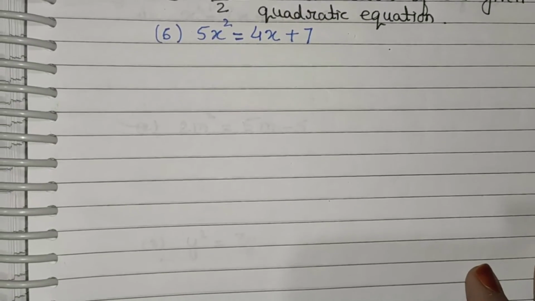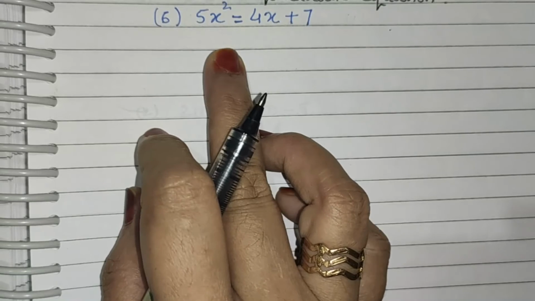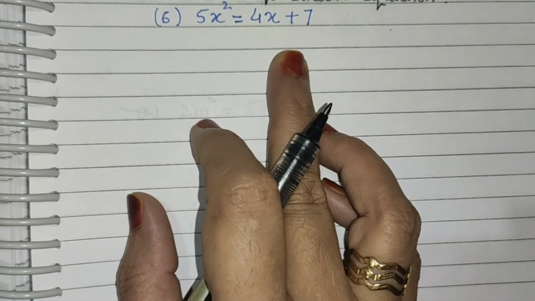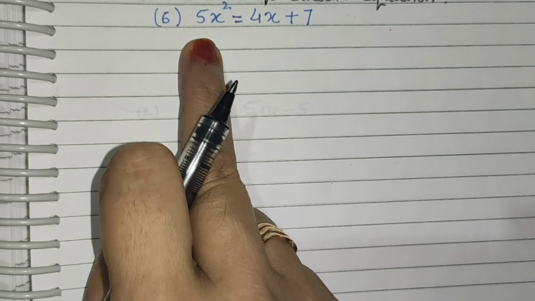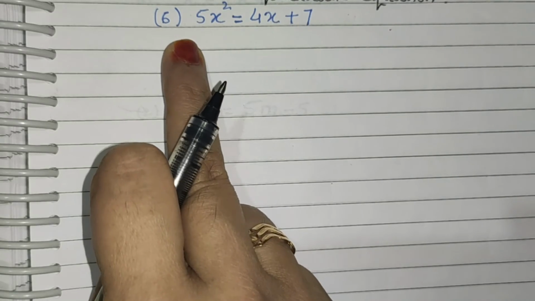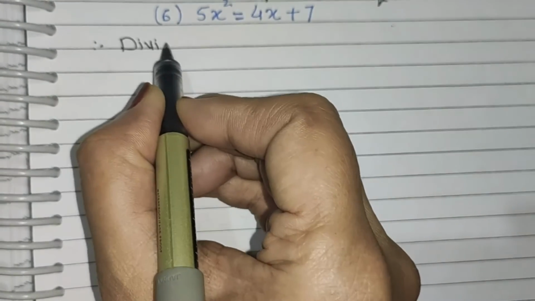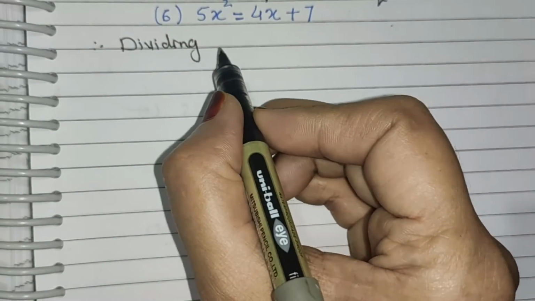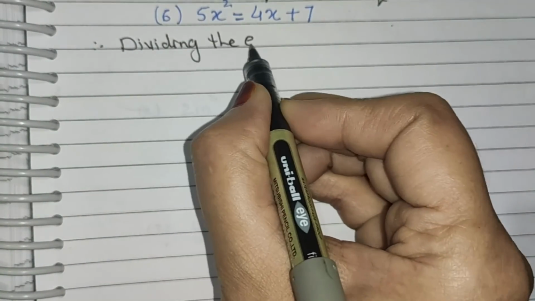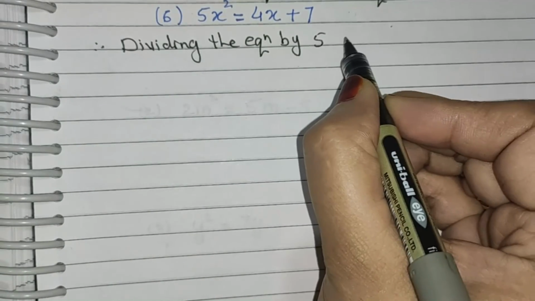Now, look at next question. 5x square is equal to 4x plus 7. Now, in this question, the coefficient of x square is not equal to 1. Therefore, dividing the equation by 5.